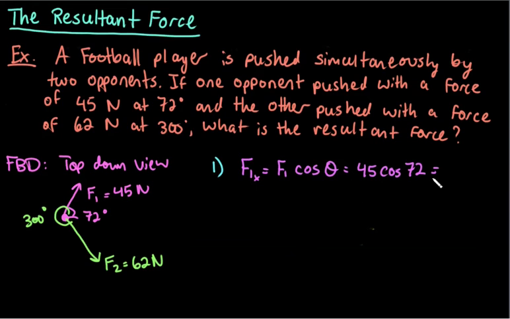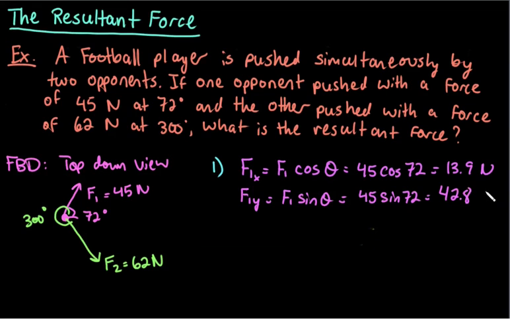And that will give me 13.9 newtons. And then F1y is F1 sine theta, so 45 sine of 72. That will give me a total of 42.8 newtons.